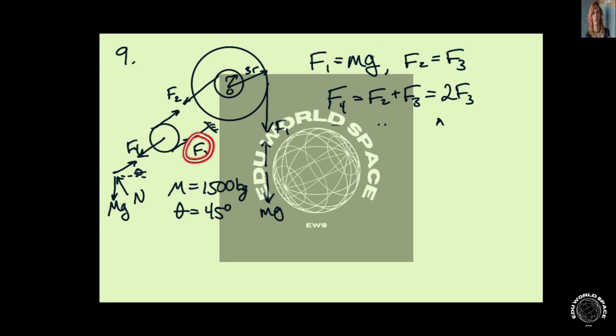Likewise, F2 and F3 have to be equal just because of rotational equilibrium of this pulley also. And so since F2 and F3 are equal, then F4 equals 2F3.